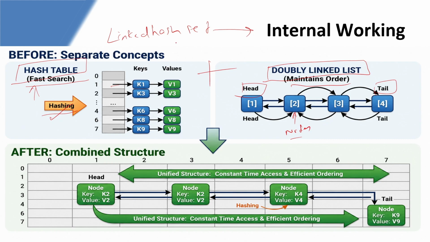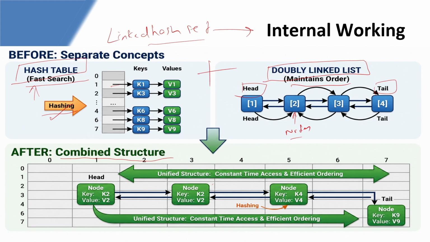Now we are learning linked hash set. We know that the internal data structure used by linked hash set is hash table and doubly linked list, a combined structure.